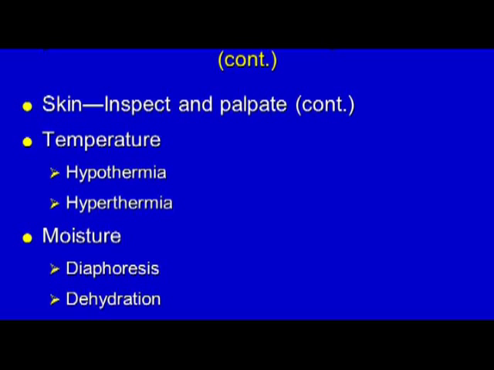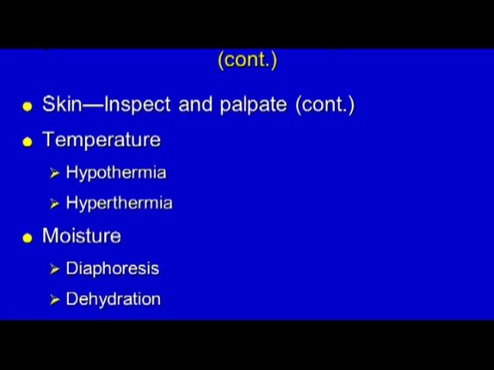And in your chapter 12, it talks more extensively about how to look for those, especially looking for those color variations in people of color that have different cultural or ethnic backgrounds. So I've inspected the skin, I've palpated it. When I palpate it, I'm palpating it for temperature. Is it hot or cold?